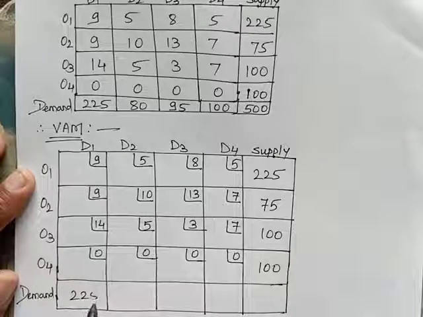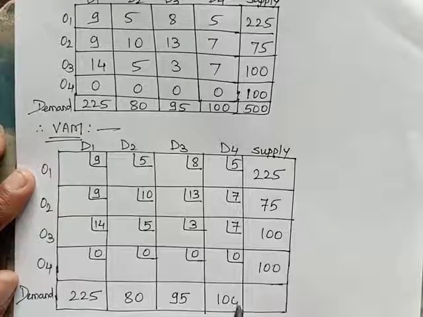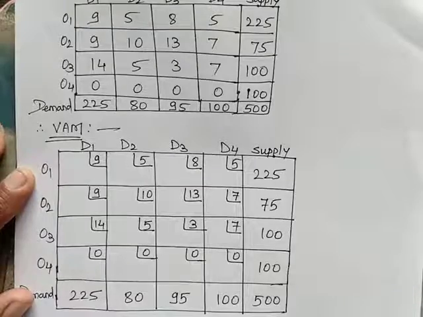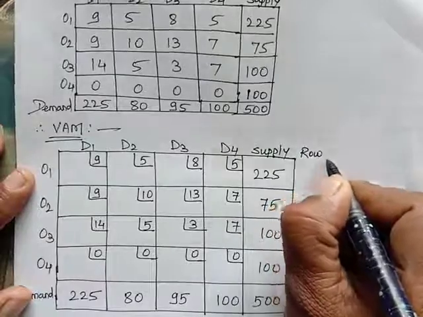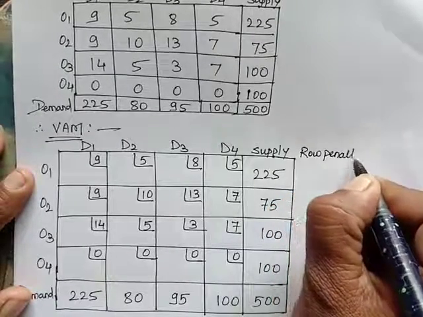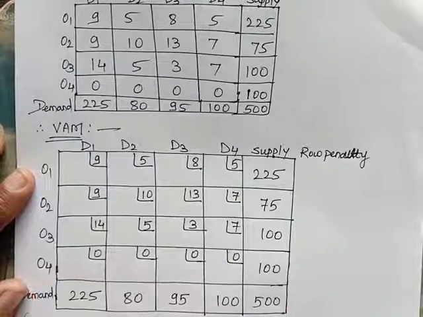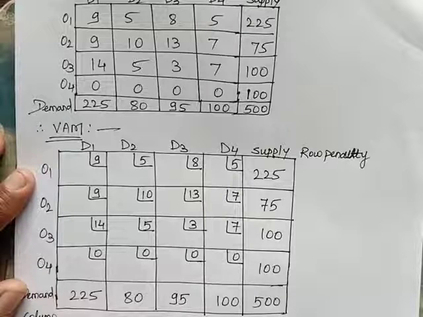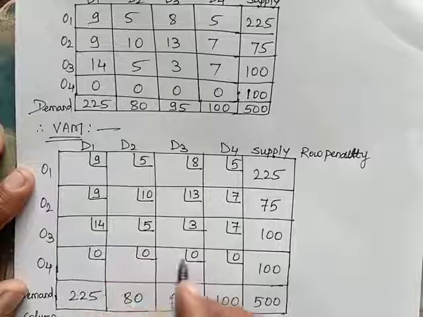So 225, 80, 95 and 100. Again the sum is 500. Fine. Now for VAM we need to determine penalties. So row penalty and column penalty. Okay. So now let's find out them.